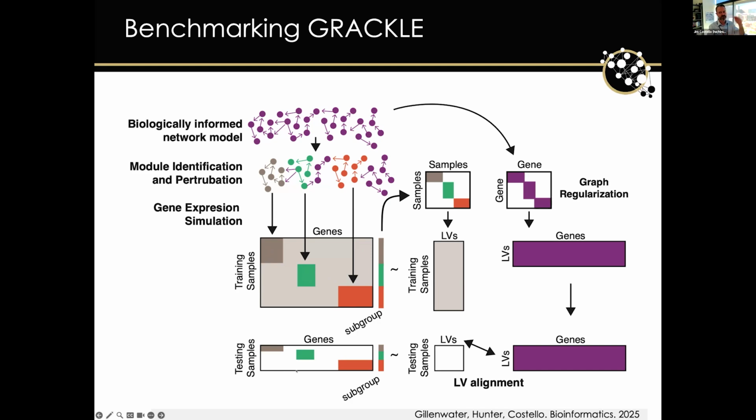The testing data set was generated the same exact way, it was just held out so that we wouldn't bias the model. So we take the sample information, we take the gene expression matrix, and then we can factor that into the decomposition, and we can evaluate how well we're doing.